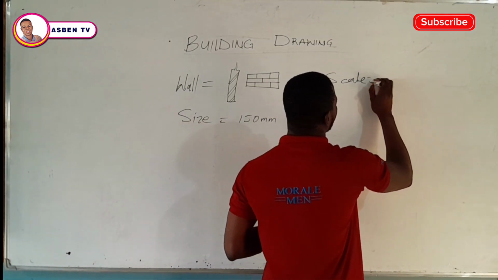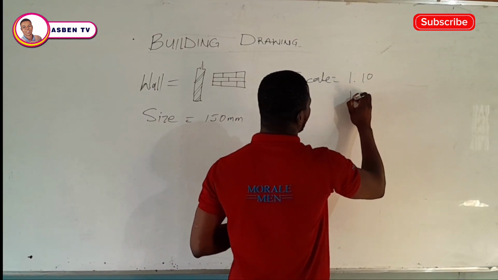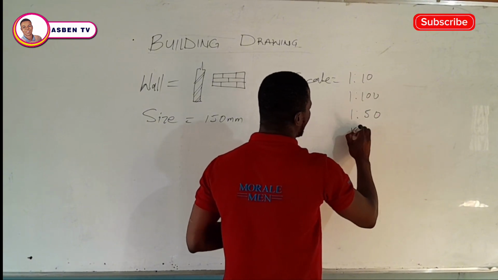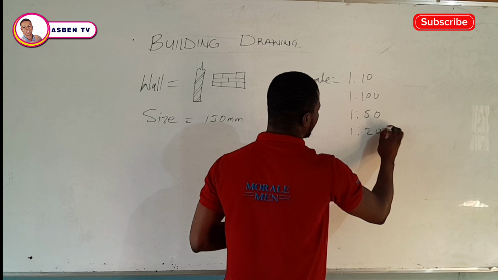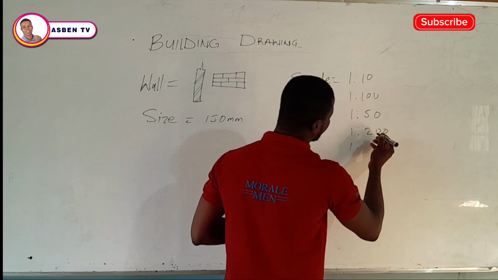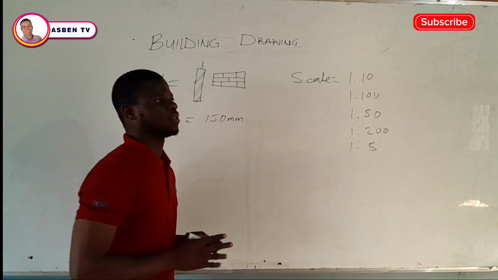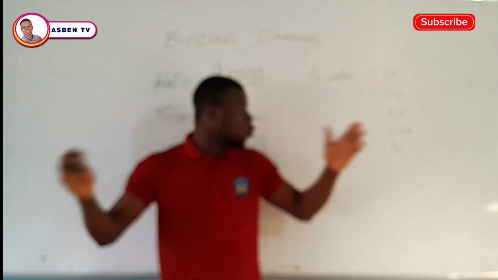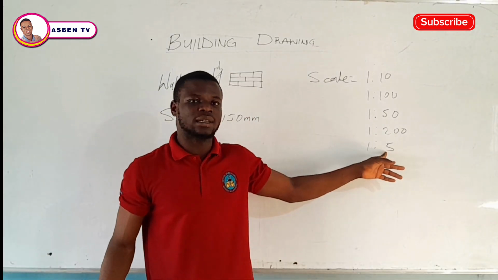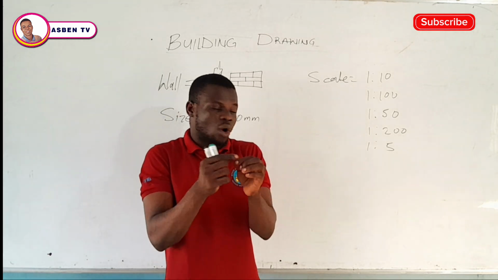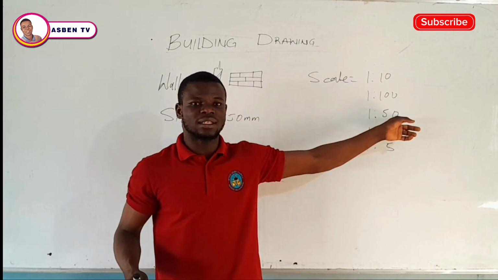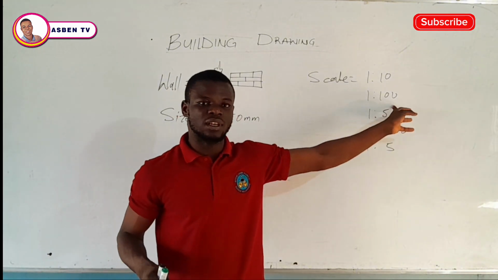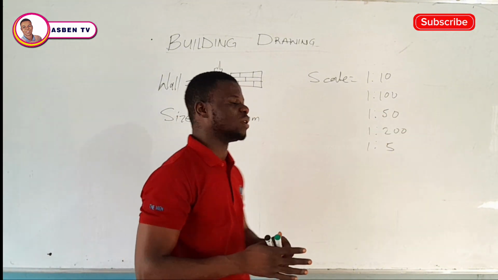It can be 1:10, 1:100, 1:50, 1:200, or 1:5. It depends. When we want the design, or the building part, or what you're going to draw to be bold, they will reduce the scale. But when we want it to be small, they will increase the scale so that when you divide it by the scale given, you get a limit and everything to be nice.